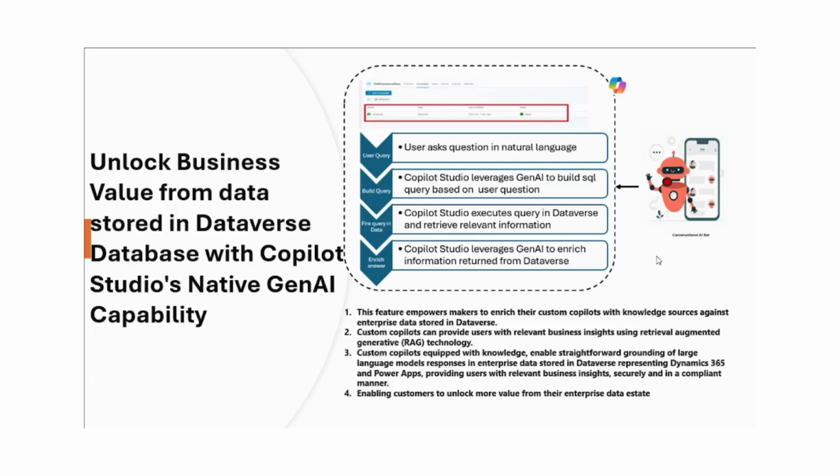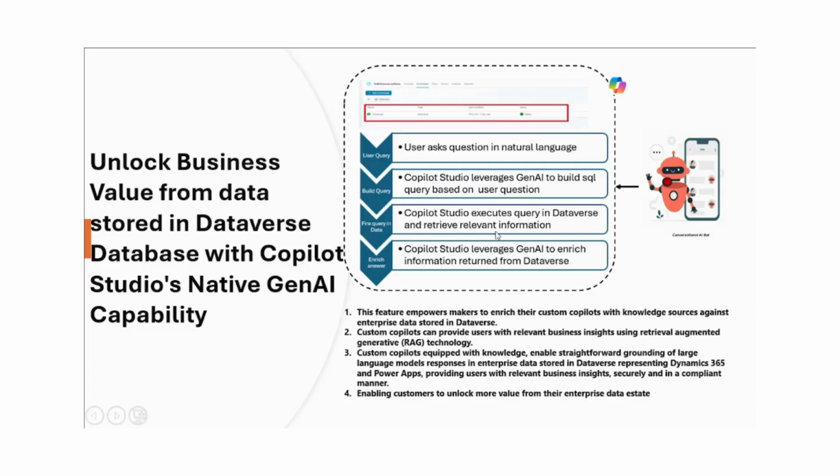Essentially, we will leverage the Copilot Studio knowledge source capability, where we add the knowledge source, and Copilot Studio will use a RAG-based architecture. First, after receiving the query, it will build the SQL query based on the user question using GenAI.